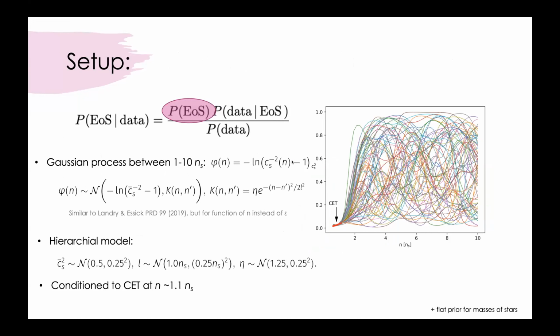And what we do is we perform the Gaussian process for an auxiliary variable that we call phi, which is related to the speed of sound. The reason for this change of variables is such that the speed of sound is constrained by construction in the range between 0 and 1. And this auxiliary variable will be drawn from a Gaussian process.